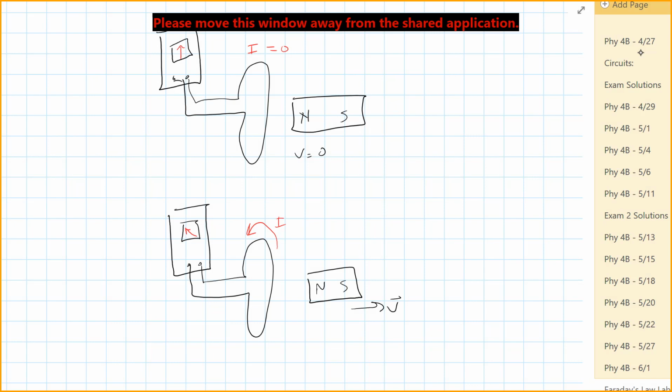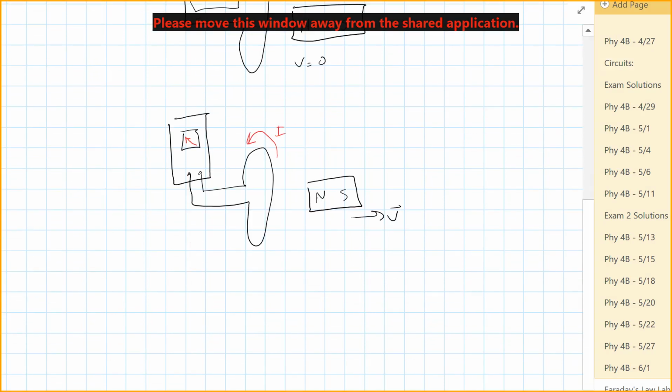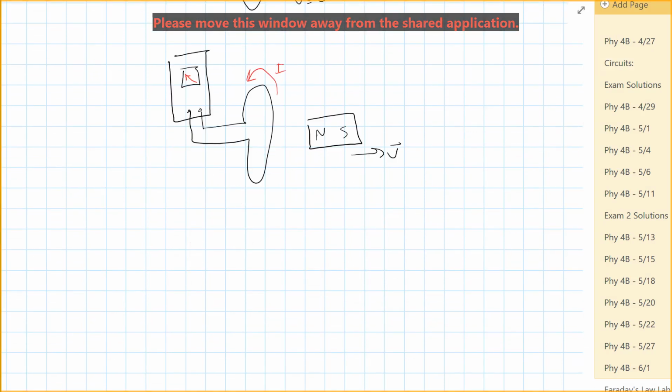If I pull it away and the field gets weaker and weaker through the area that is defined by the loop of wire, current flows again. Faraday's law tells us how we can calculate that potential.